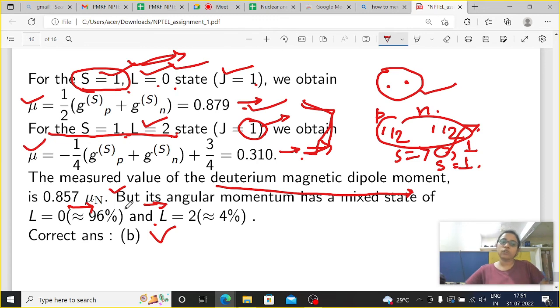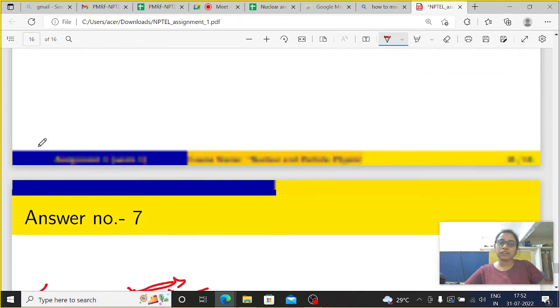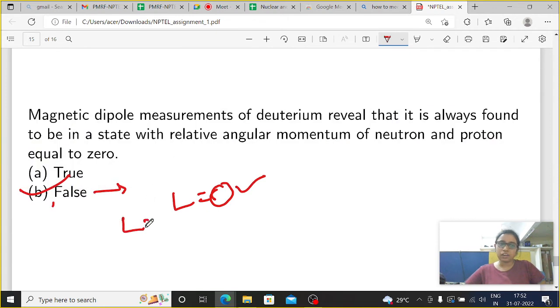It is not that only L equals 0 has 100% contribution. The second configuration is also possible for deuterium, so L equals 0 has 96% contribution to the magnetic dipole moment and L equals 2 has 4% contribution. So the statement that only L equals 0 is the actual state of deuterium is not true. That's why the statement is false.